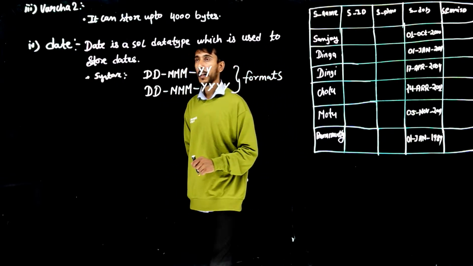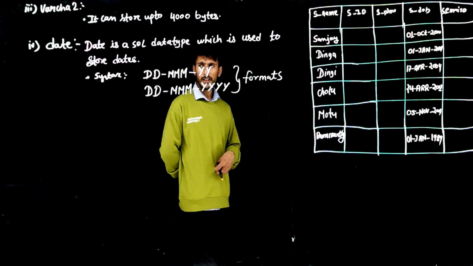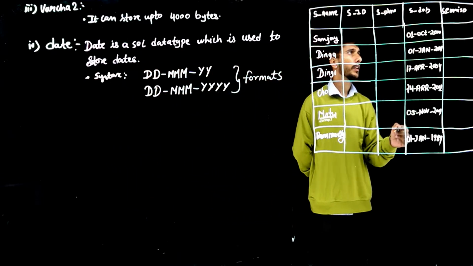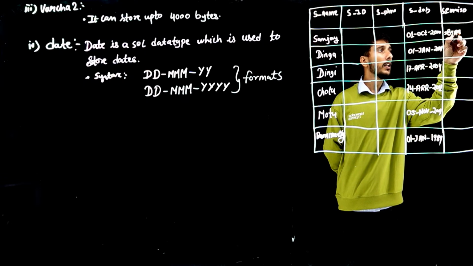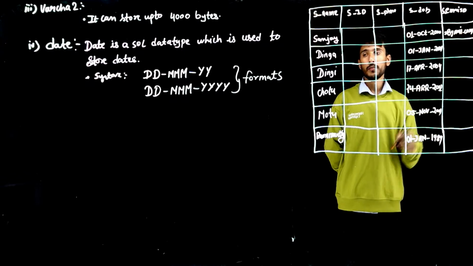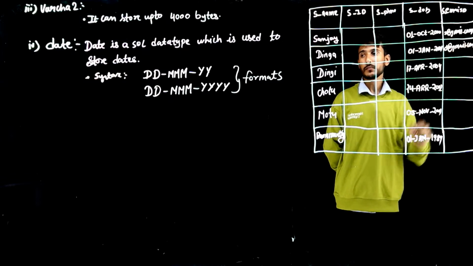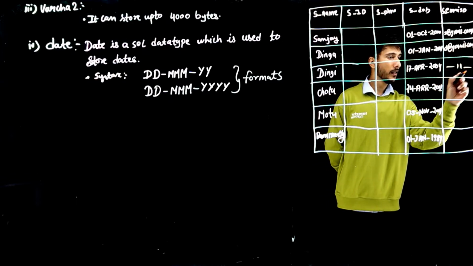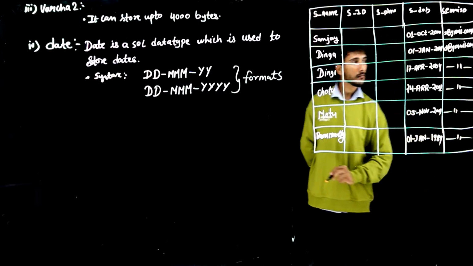Yes, sir. Can you show me an example of varchar? So the varchar example will be the email ID. Let's take s@gmail.com, d@gmail.com. Same way here, you can write it as Gmail ID. Understood?